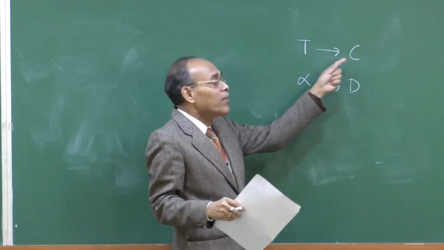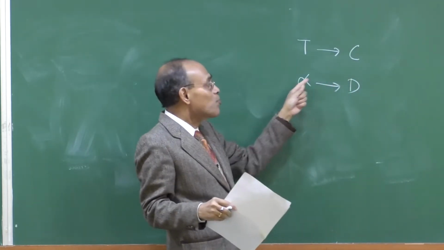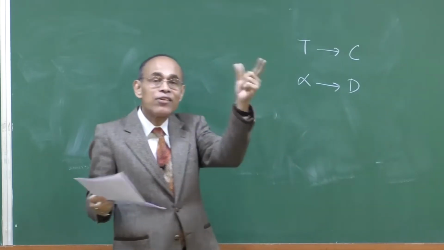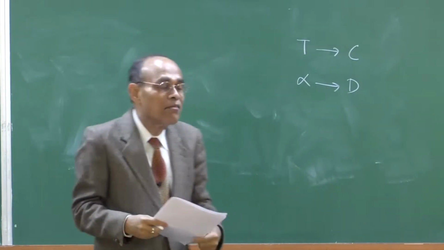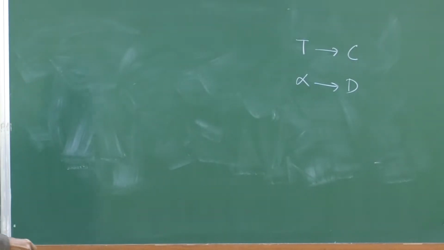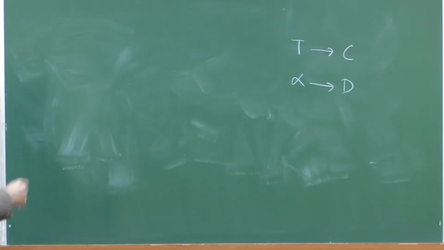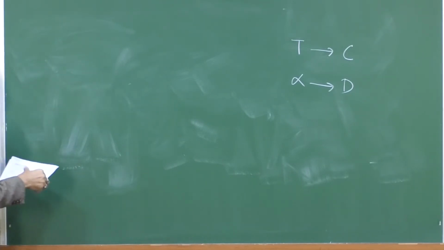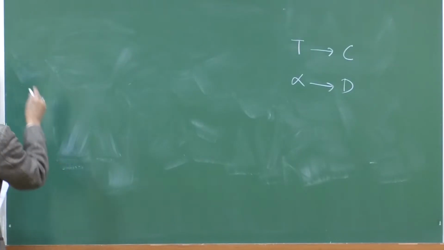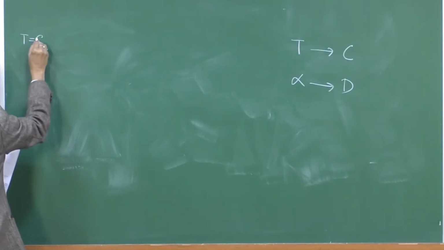So, T is to be interpreted as C and alpha is to be interpreted as D, and then the heat conduction theories can be translated on a one-to-one basis to the corresponding mass diffusion phenomena. So, the problem is that the temperature is given to be 900 degrees centigrade.